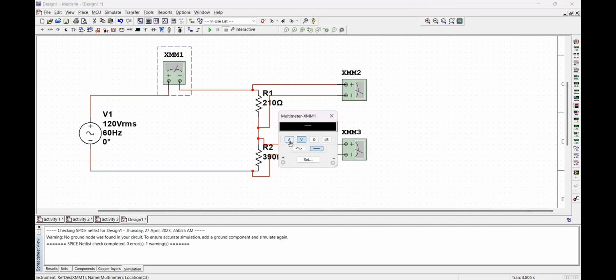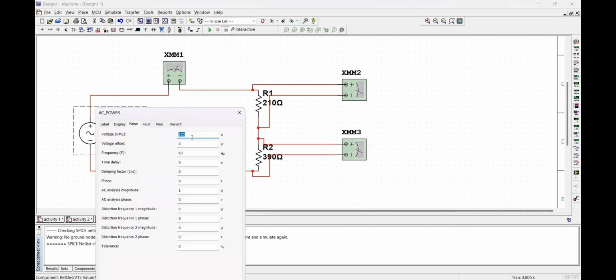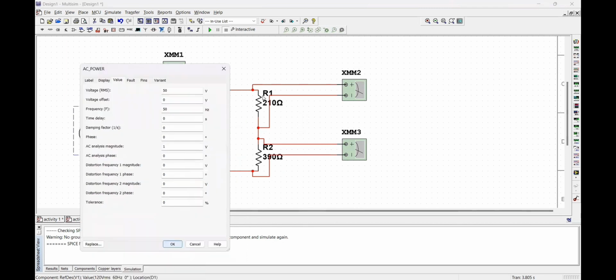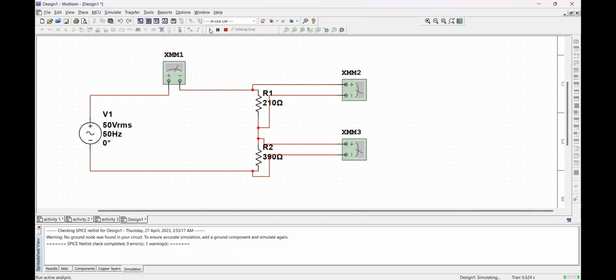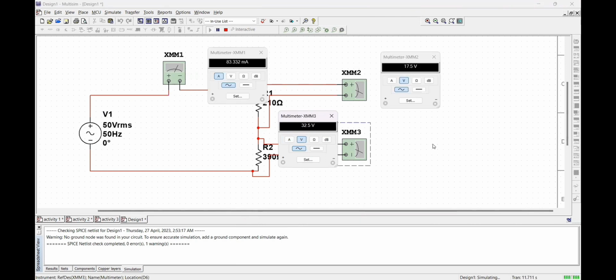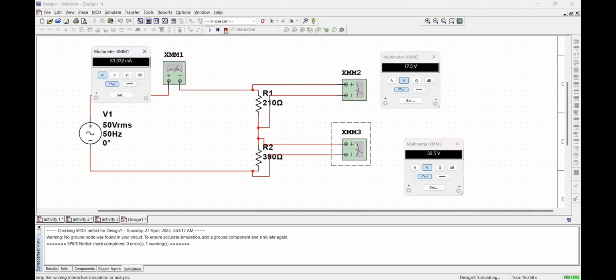For the multimeters, we have to choose ammeter, voltmeter and voltmeter, and we have to choose 50 volt and 50 hertz based on the question, and we just run it. Just double click to show the value, and this is the first value.